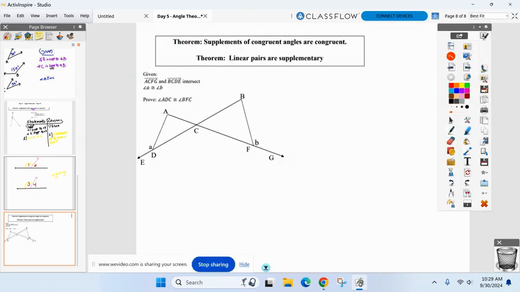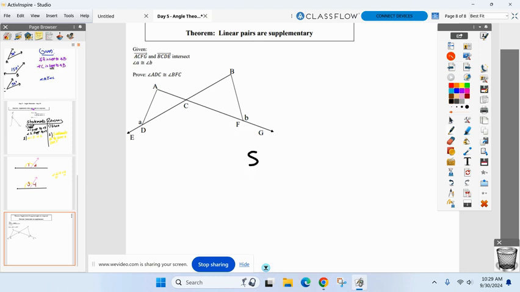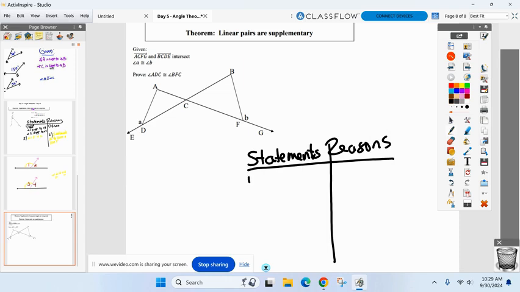Here we go. Go ahead, get your statements and reasons set up. Looks like we can put some arc marks on this one.